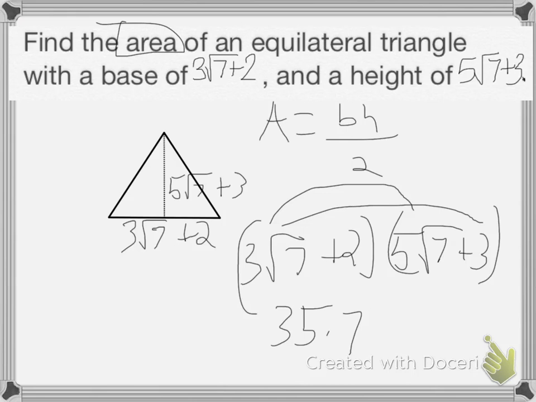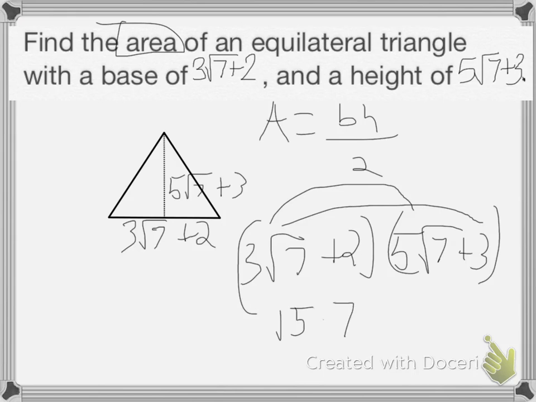Why did you get 35? It's 15. I'm just kidding. It's not 35, it's 15. So 3 times 5 is 15. So it'd be 15 times 7.